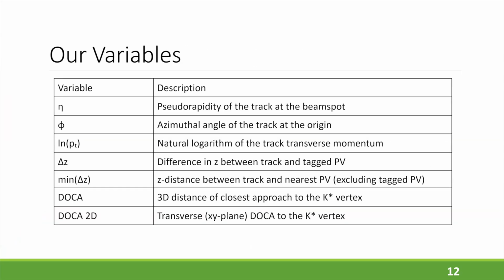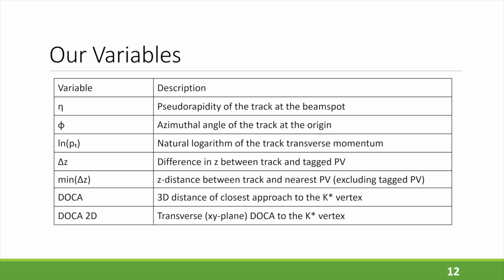Okay. The variables that we use in reconstruction and training were: the observed pseudorapidity of the track at the beam spot, the azimuthal angle phi of the track at the origin, and the natural logarithm of the track transverse momentum. It is like pure transverse momentum, but it's more effective to use the logarithm.